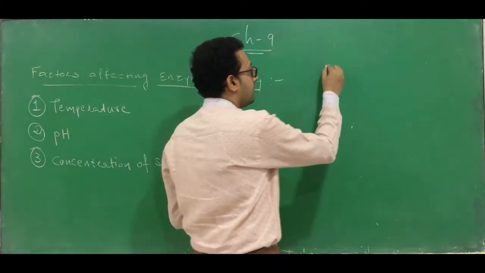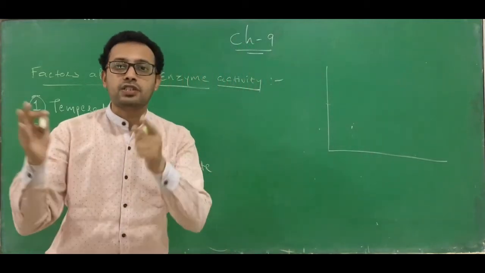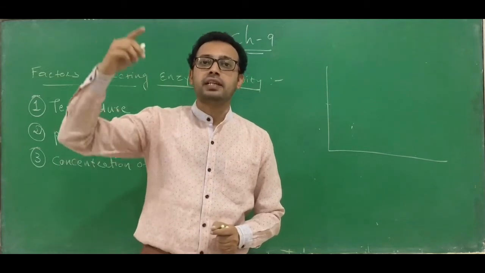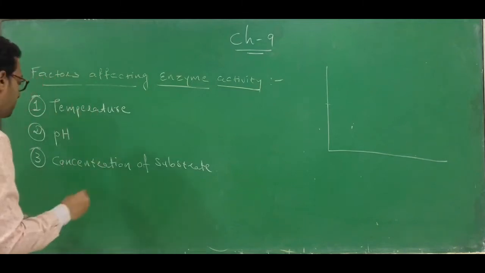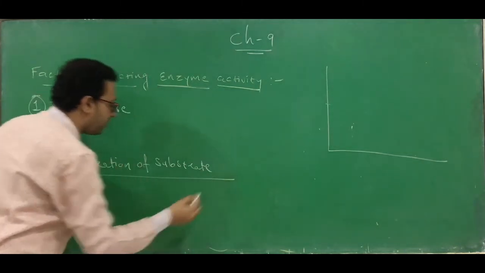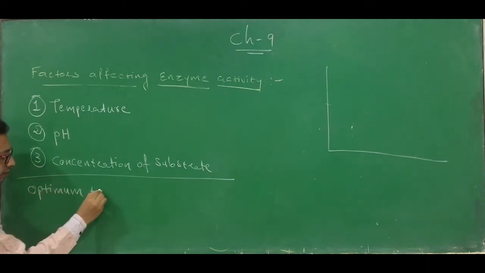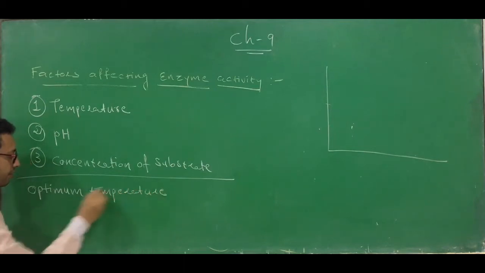You know that enzymes are active in a narrow temperature range. Every enzyme shows its maximum activity at a specific temperature, and this temperature is called the optimum temperature. So first of all, I will tell you what is the optimum temperature. What is an optimum temperature?